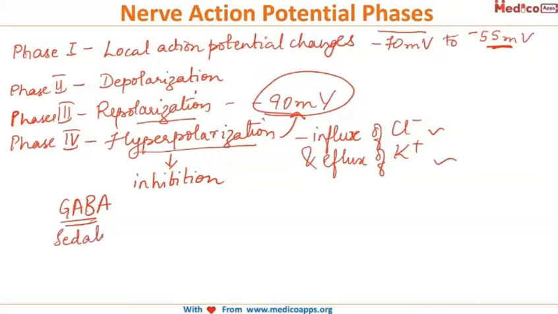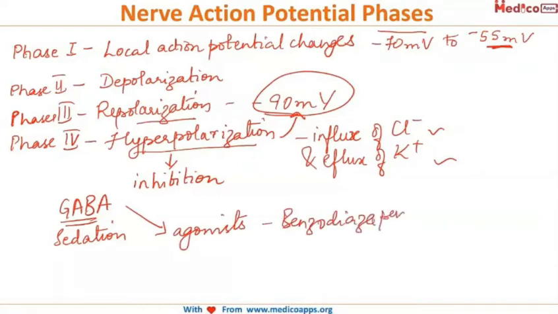So for sedation, what you use are the GABA agonists. Immediately the two names that you will remember are benzodiazepines and the barbiturates. These are the two sedatives that act using the mechanism of hyperpolarization.